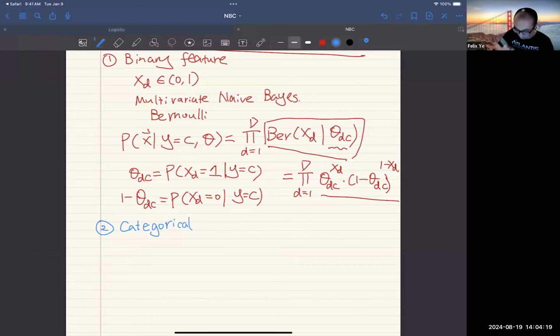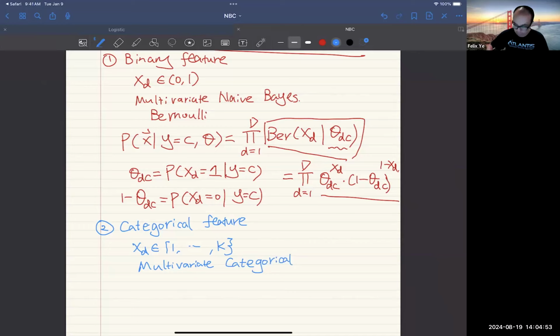That means this xd is not in 0 to 1, but actually 1 to K. As a result, this becomes multivariate categorical naive Bayes.